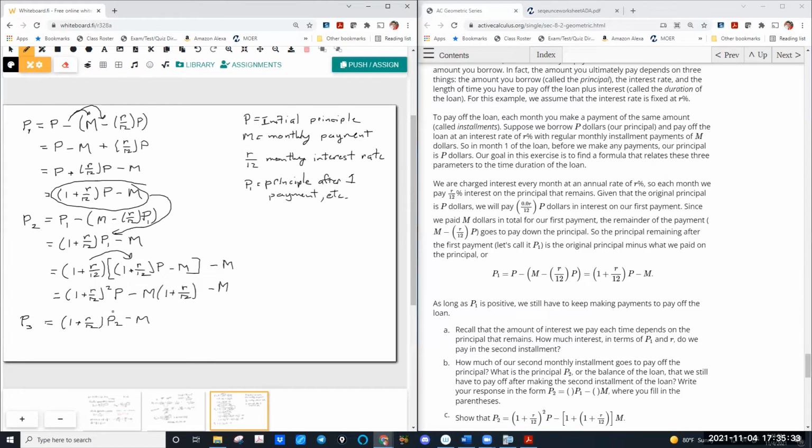So you literally do the exact same algebra that we just did. What that ends up looking like is, you take this line here and sub it in for your P2. 1 plus r over 12 cubed times the principal.